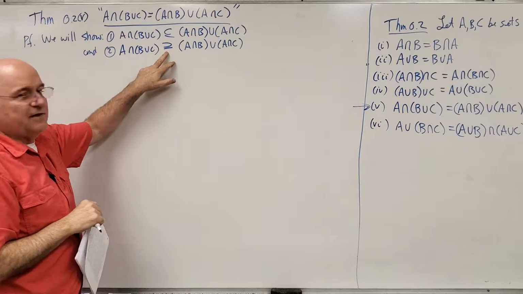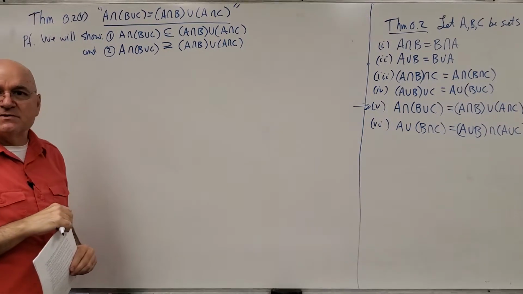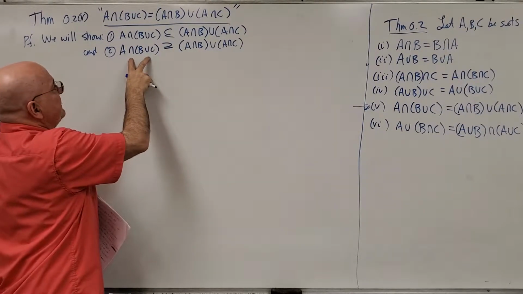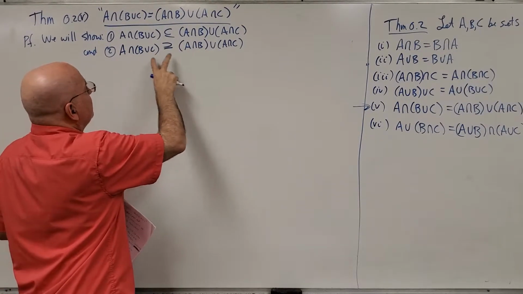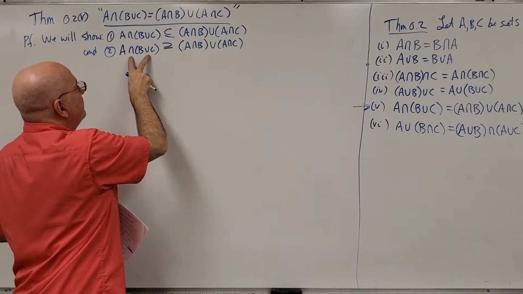It's the first time we've seen it written that way. You could also say, I rarely use this term, that the left-hand side is a superset of the right-hand side. The right-hand side is a subset of the left-hand side.